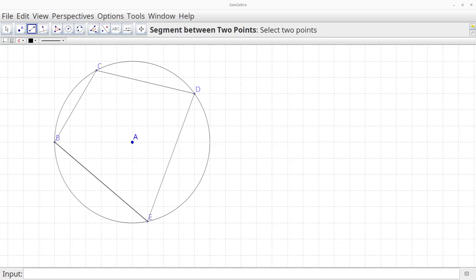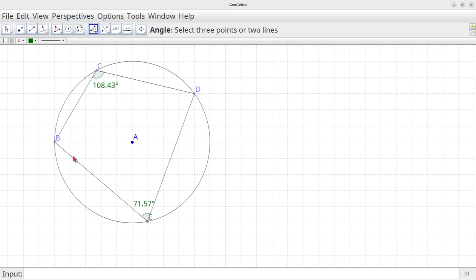Let's try to measure these angles here. This is 108.43 plus 71.57. It actually gives us 180 degrees. How about these two? P and V, they are opposite angles, right?